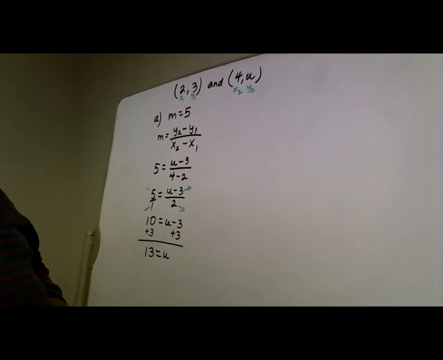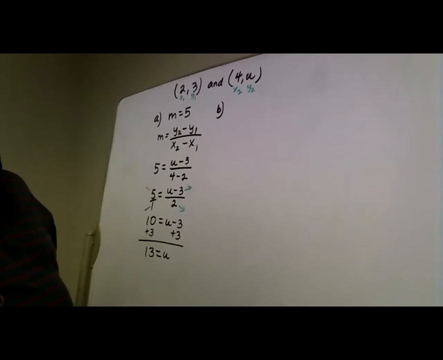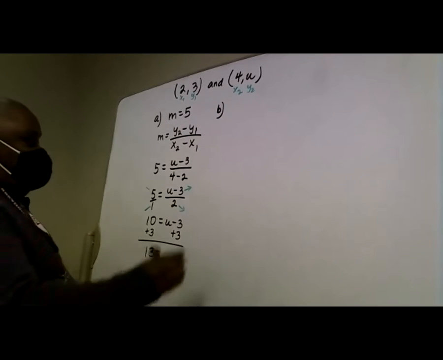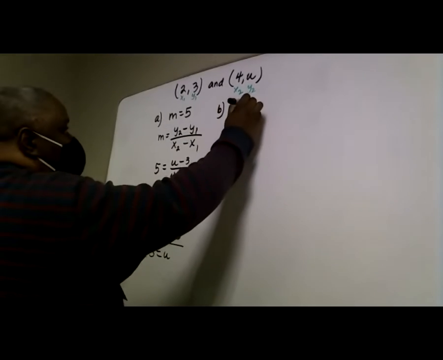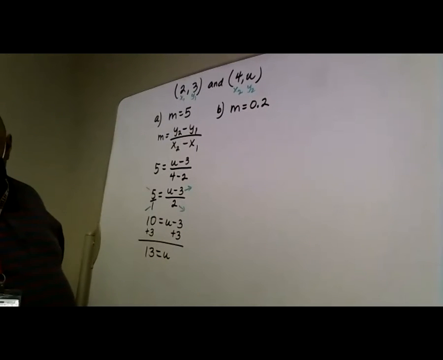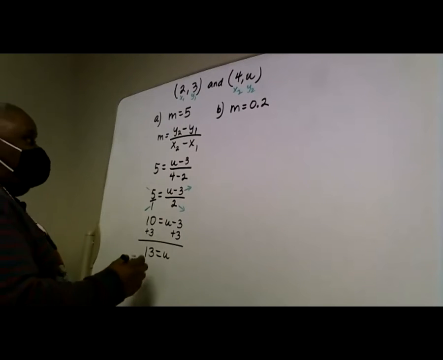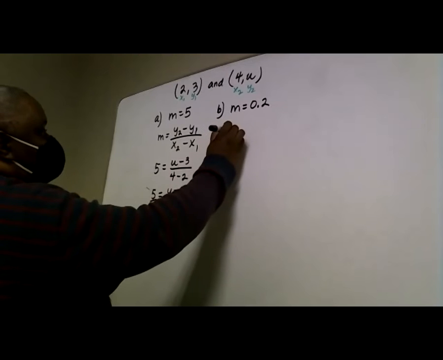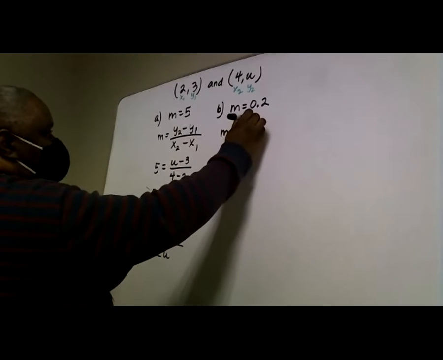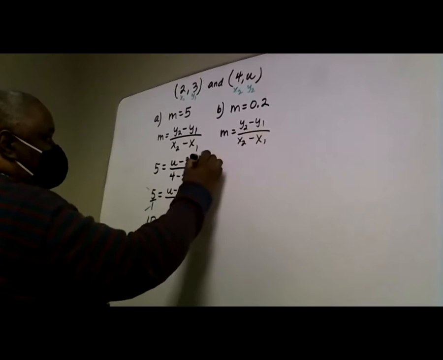All right, any questions on part A? Okay, now part B, we want to find out what u is so that the slope would be 0.2. Okay. So I'm still going to use that slope formula, m is equal to y2 minus y1 divided by x2 minus x1.